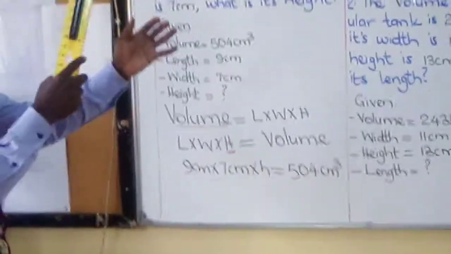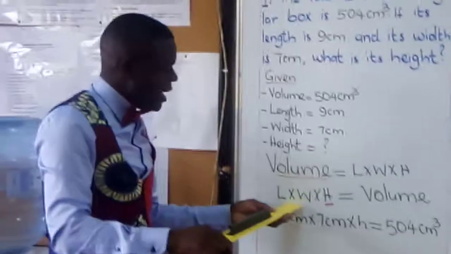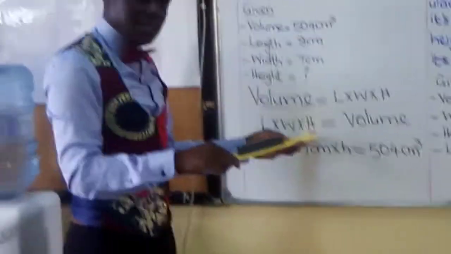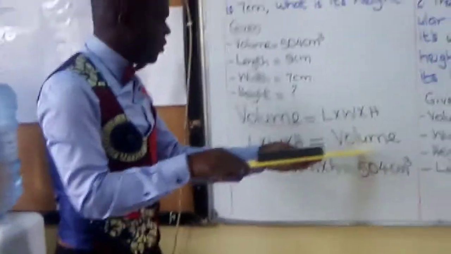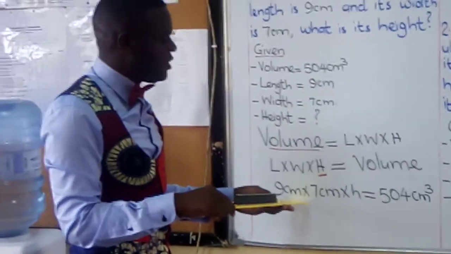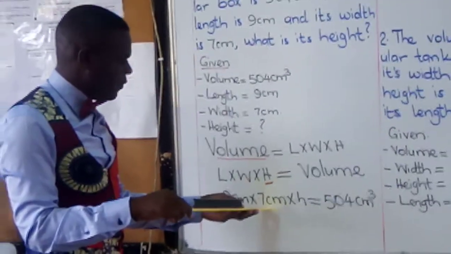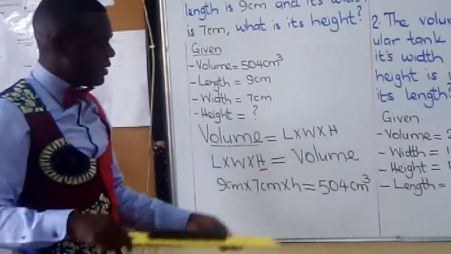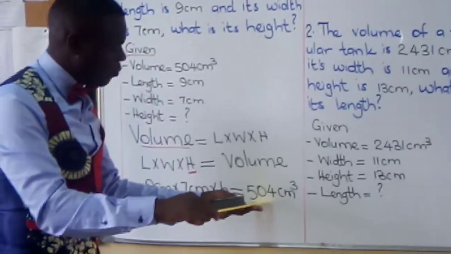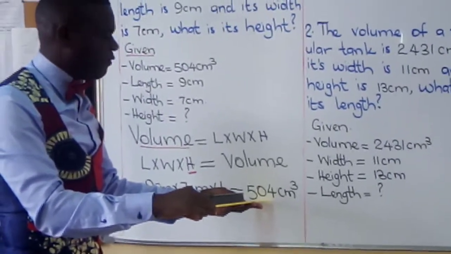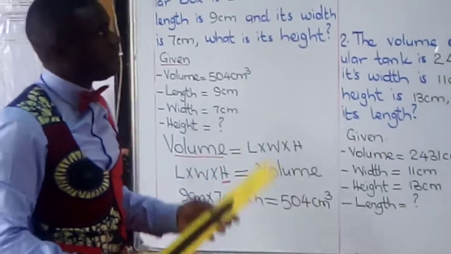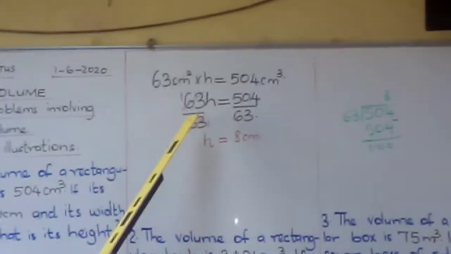So we interchange, so that length times width times height is on the left side and volume on the right side. And then we substitute. The value of length is 9. The value of width is 7. And height remains the same. The value of volume is 504 cubic centimeters. And this is how we did it and came to the right answer. Did you understand?